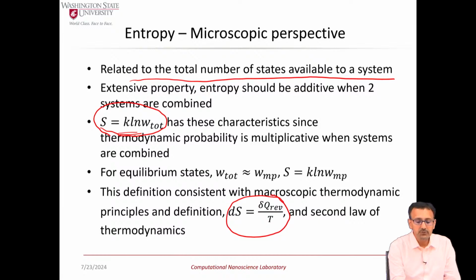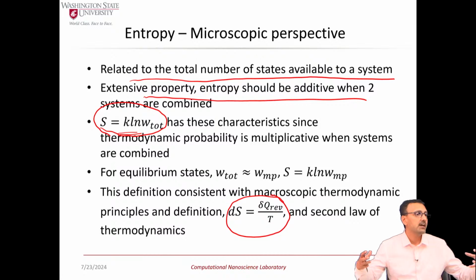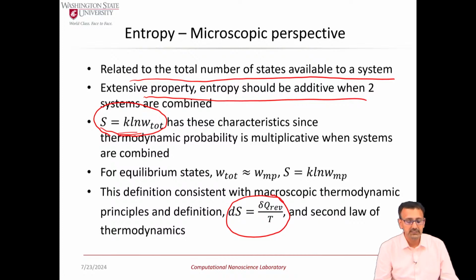So, entropy has to be related to the number of states available to a system. It is also an extensive property. We know that if we combine two boxes that have a certain kind of chemical, the entropy is additive. So, entropy is an extensive property, it has to be related to the total number of states available, and this expression catches both.